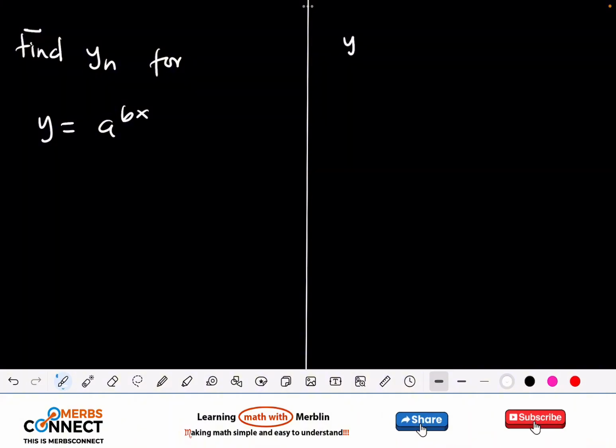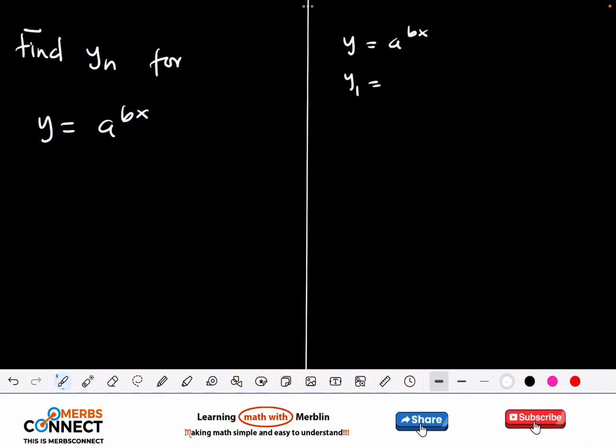Since we have y is equal to a to the power bx, when we differentiate this, what will be y1? We have a to the power bx, and the base here is constant.